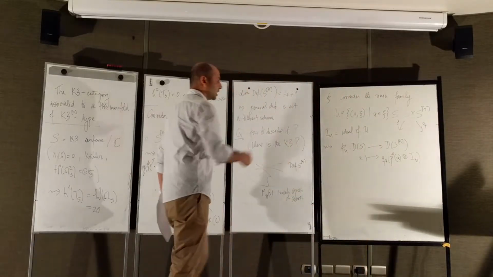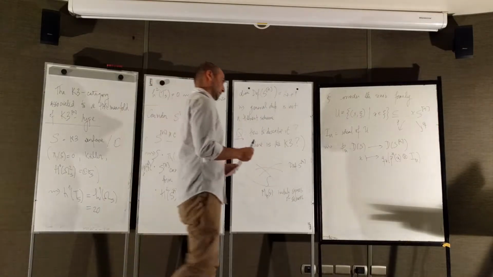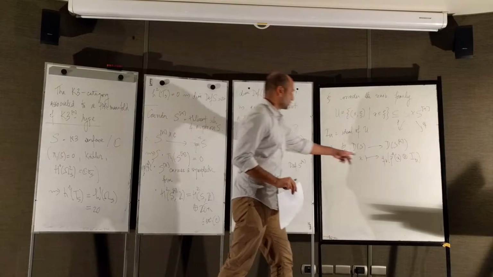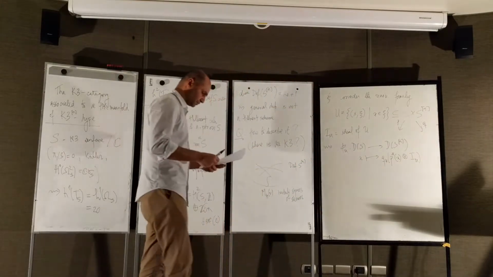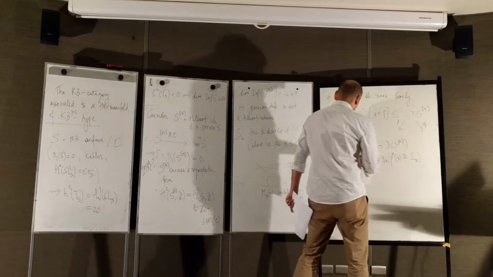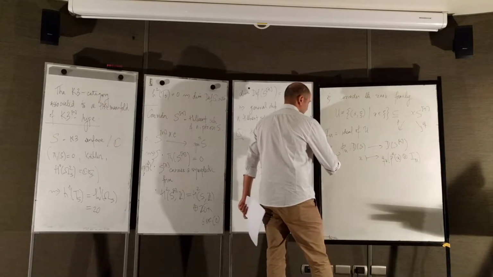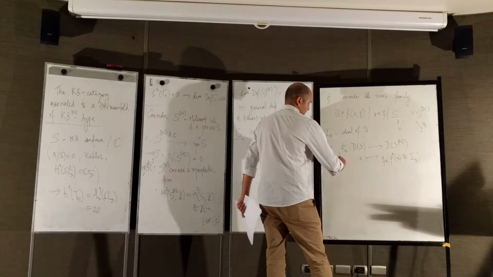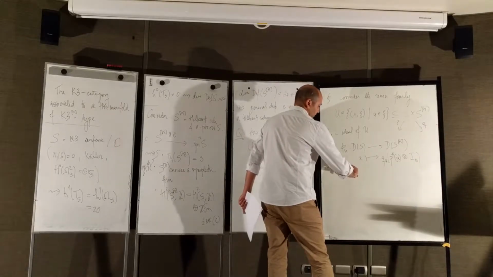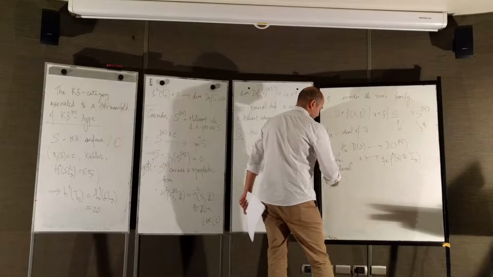And as is customary, I've dropped all the L's and R's, etc. These are derived functors. Okay. So this is the integral transform with kernel. This is the terminology used.